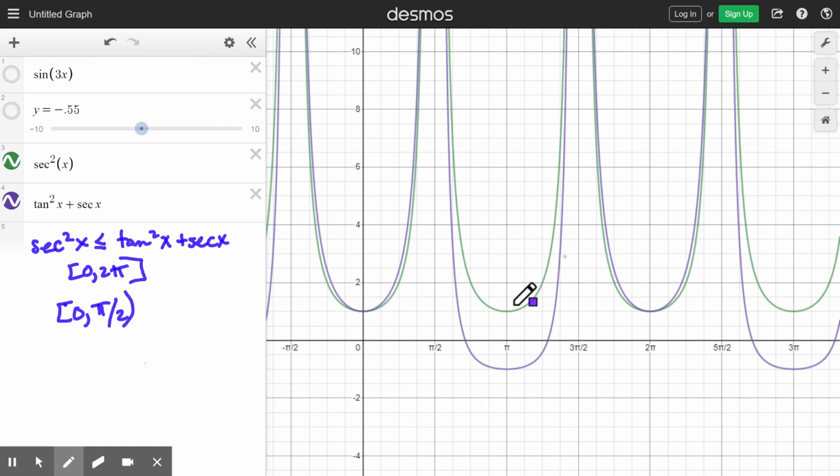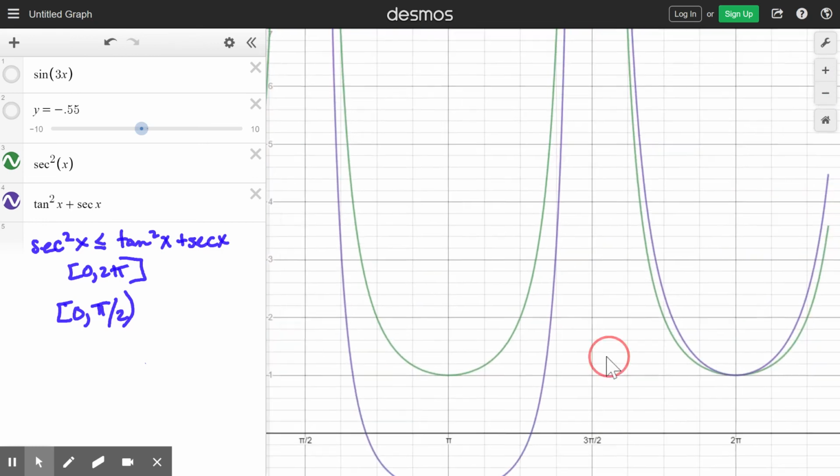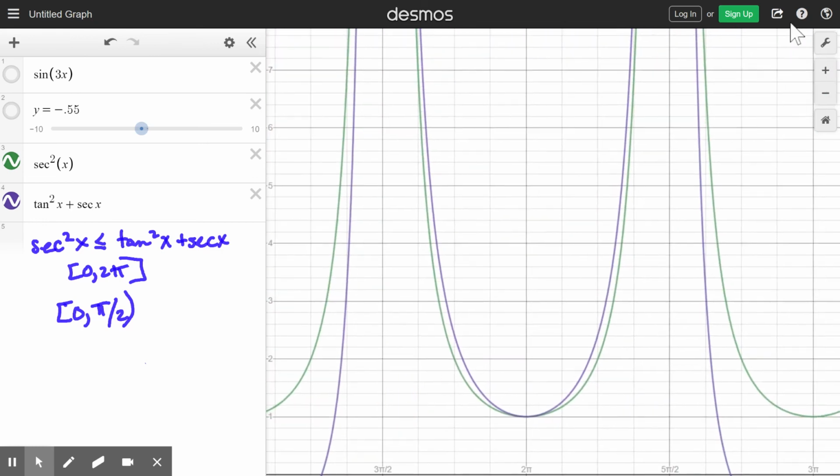Now, this next section of the graph right here, the purple is below the green. I don't want that, okay? And then this next section, if I look at it really closely, and you can zoom in if you want, okay? It looks like the green is below the purple from 3 pi over 2 to 2 pi. And we can zoom in if we like, and we can drag our graph, okay?